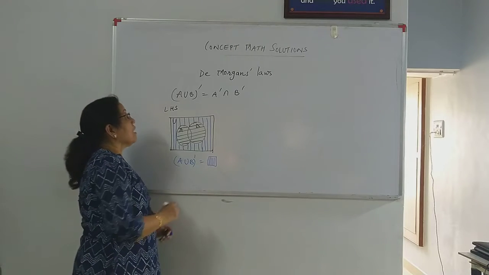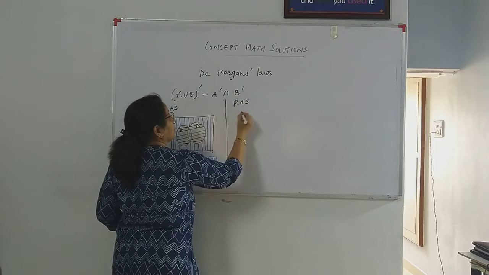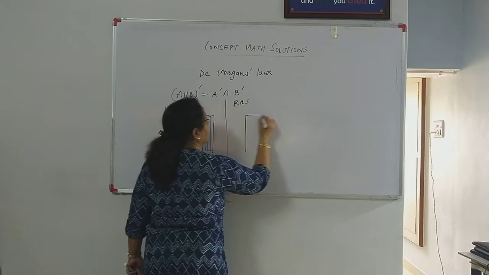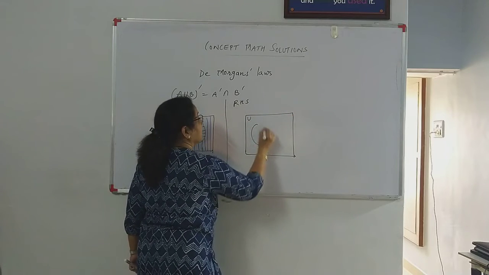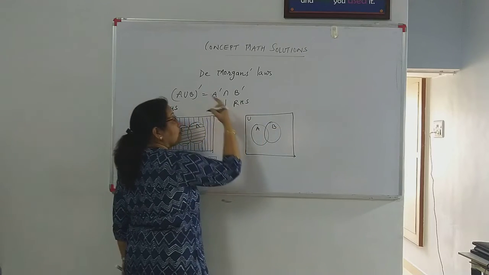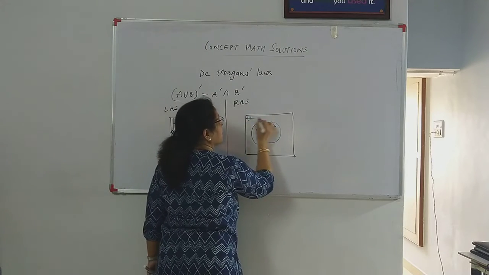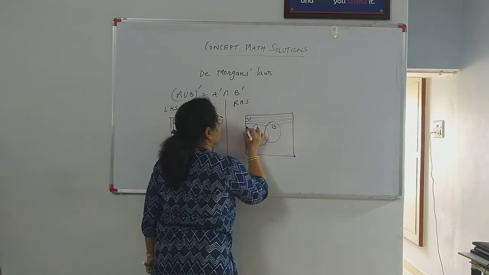Now for RHS, if I draw the Venn diagram, I have A complement intersection B complement. So I will go in stepwise manner. So this is A, this is B. A complement, A dash, is everything except A. So this is A dash.